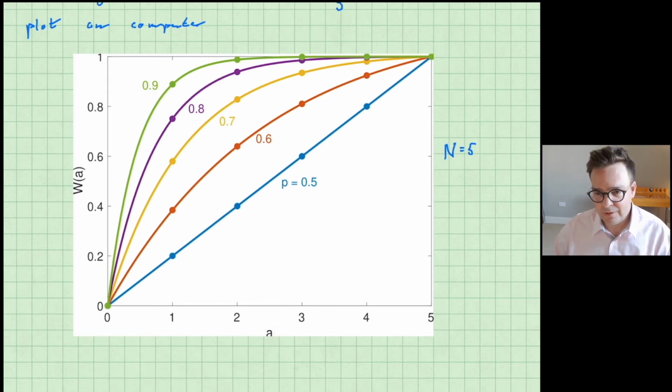So player A cannot start with a half of a token, or sorry, I keep saying coins. Player A cannot start with a half of a token. They can only start with 0, 1, 2, 3, 4, or 5. And so that's why I put these little dots on this curve. These are the only meaningful values for us for this particular version of Gambler's Ruin.